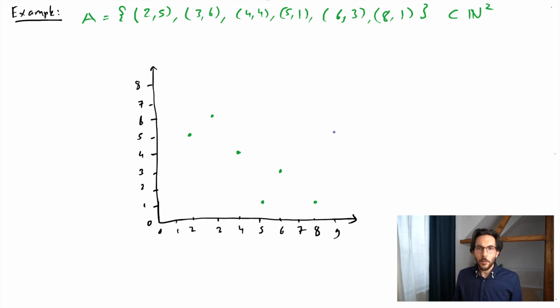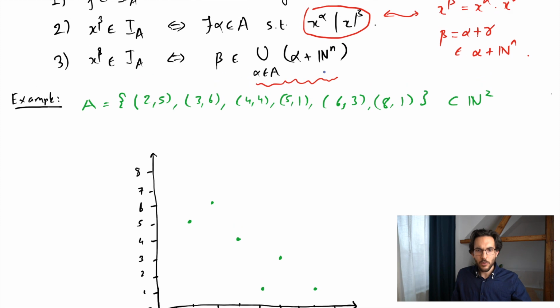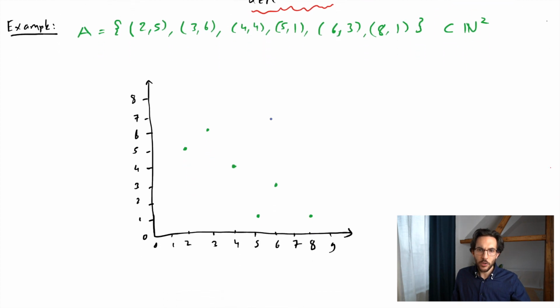Okay, I've plotted my points. And the point of this example is to understand this condition about putting a translated copy of N^2 at every one of these points. So remember, let's go up a little bit. I want to understand this union of N^2, in this case, translated by every element of A. So let's put these pictures in place.